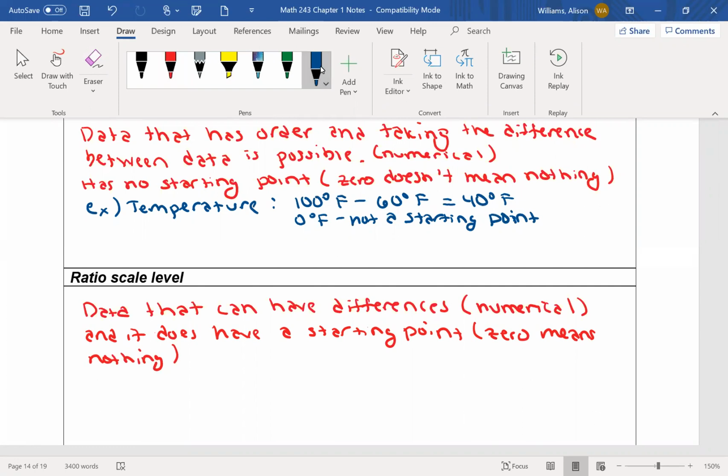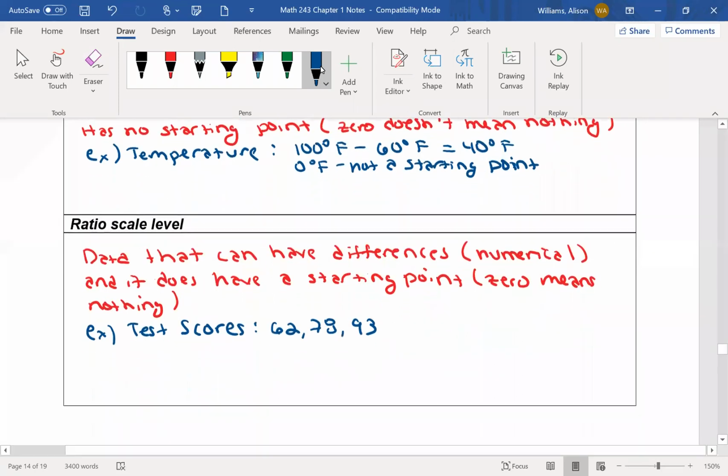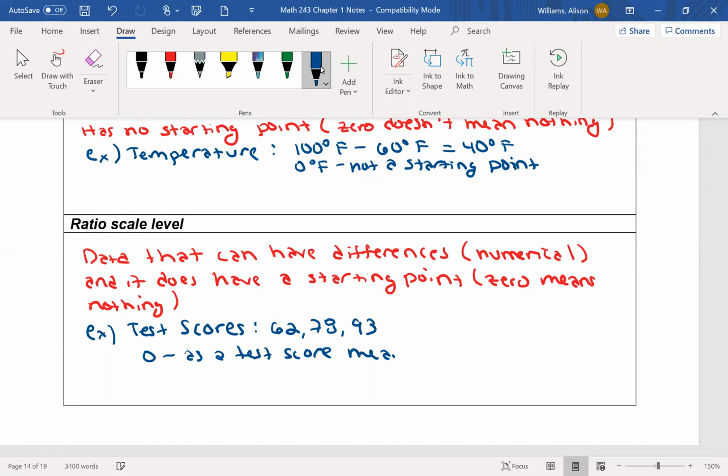Let's give an example: test scores. When you have test scores of 62, 78, and 93, they are numerical and they have order. And when somebody gets a test score of 0, that means they scored nothing. I'm going to abbreviate the word points.